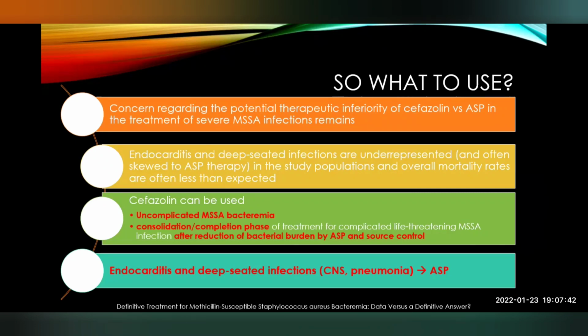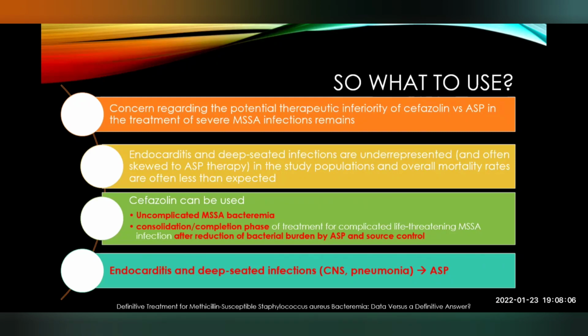So in severe infections or deep-seated infections, endocarditis, you will prefer anti-staphylococcal penicillin, that is cloxacillin, flucloxacillin, etc., over cefazolin. And cefazolin can be used in cases of uncomplicated bacteremia and once the source control is achieved.